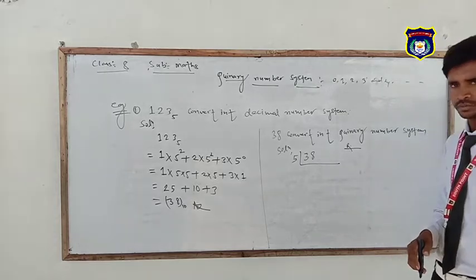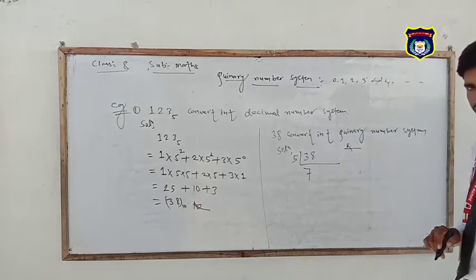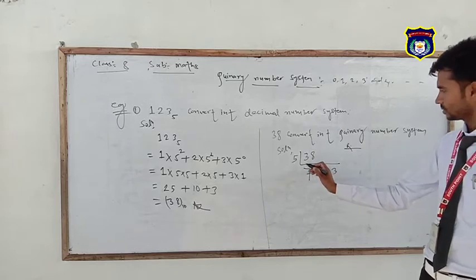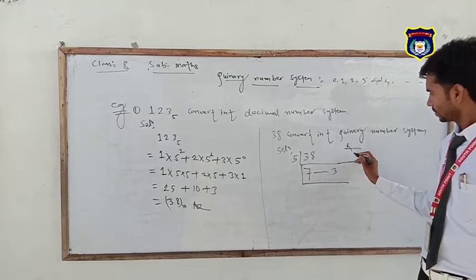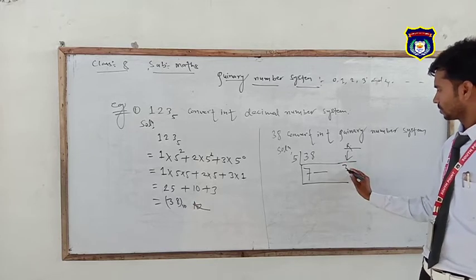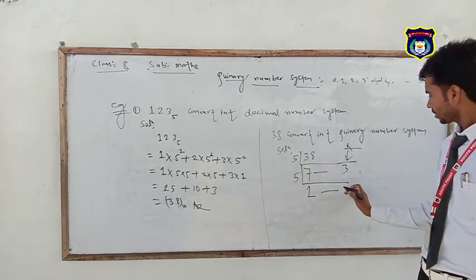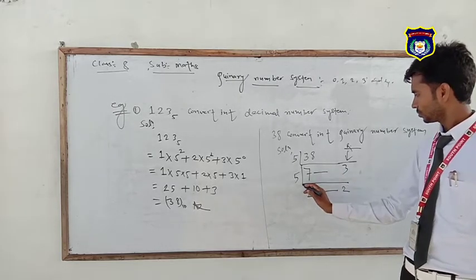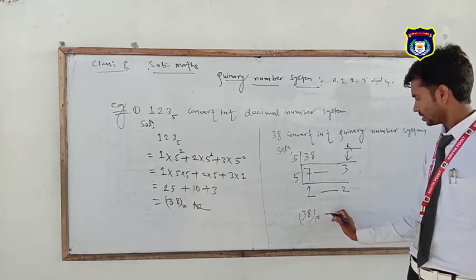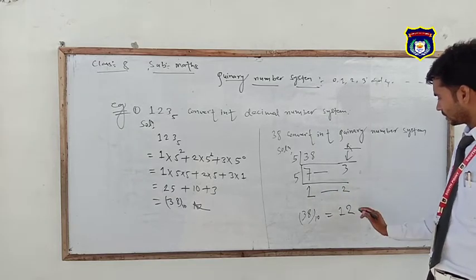It is a quinary number, so we divide by 5. 5 sevens are 35, remainder is 3. Again, 5 ones are 5, remainder is 2. So our answer: the quinary of decimal 38 is 123.